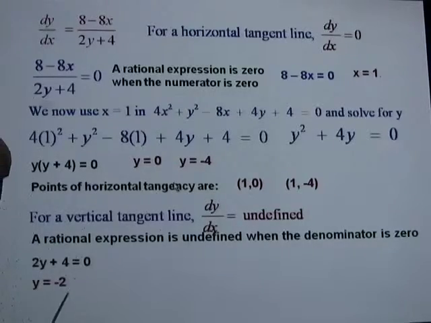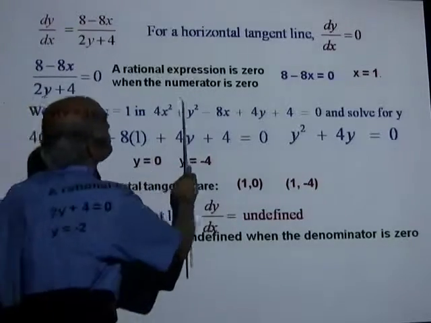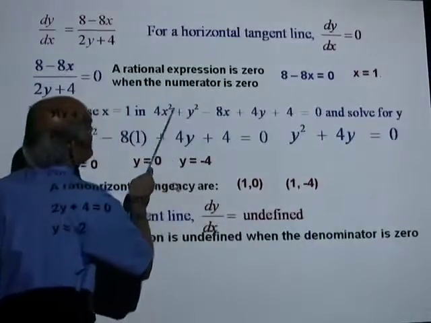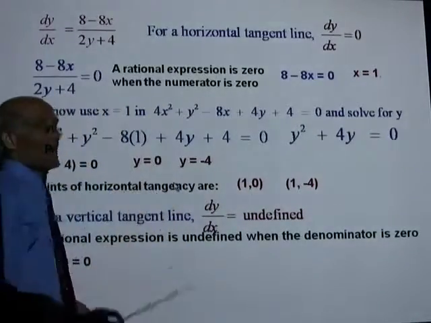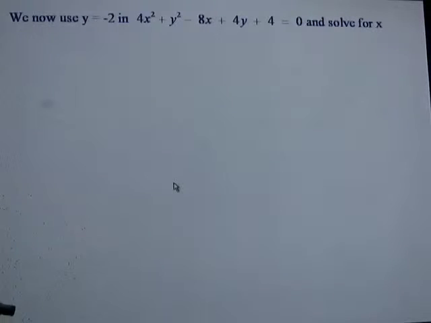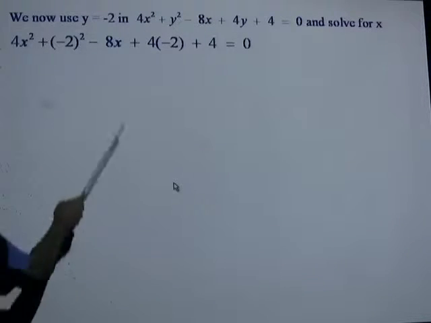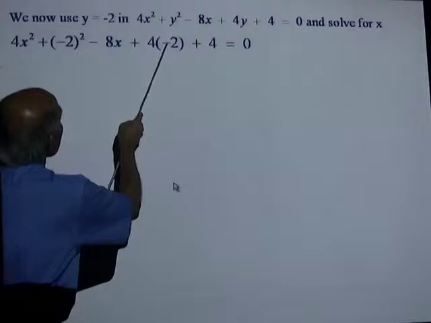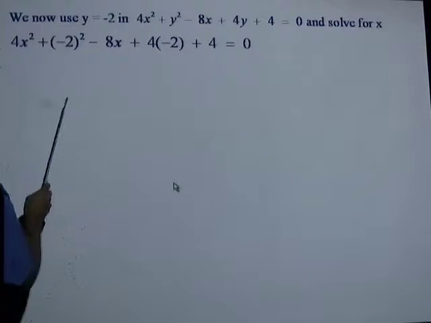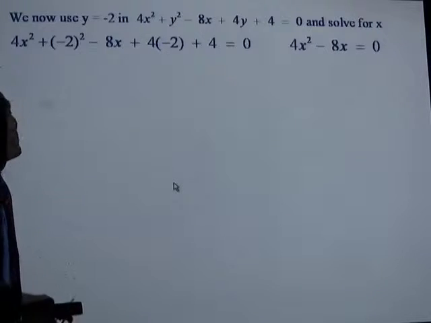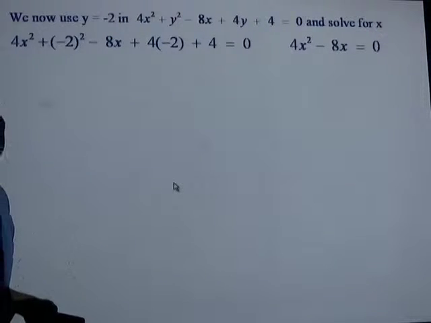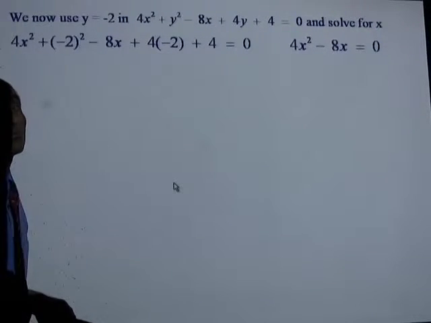And take this y equal to negative 2 in our original expression, replace each y by negative 2, and then solve for x. Let's do that. I replaced each y by negative 2 and then rewrite the equation. It will give you 4x squared minus 8x equal to 0.